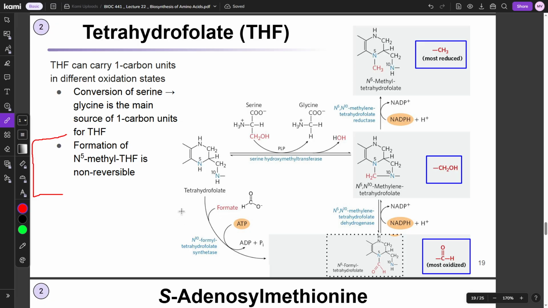So once you go here, if you go straight from tetrahydrofolate and you take formate and use the N10-formyl tetrahydrofolate synthetase, if you straight make this, you can't go back this way.